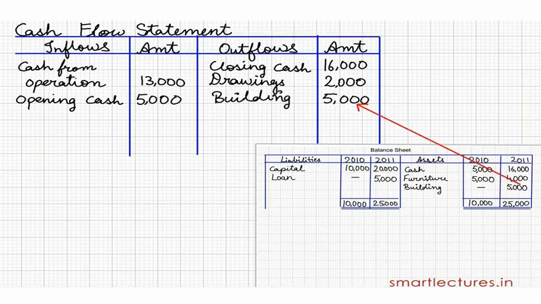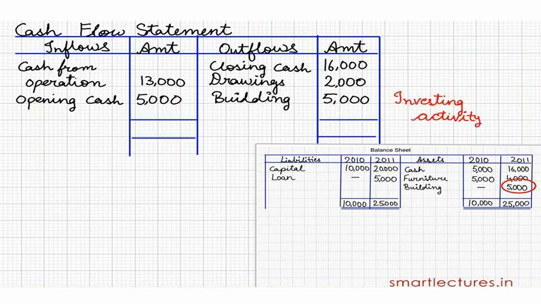and building purchased 5,000. If you look at the balance sheet, the building previous year was 0, now it is 5,000. It means this firm has bought a building for rupees 5,000. If this firm has bought a building of rupees 5,000, it has made the payment. If it has made the payment, it must be placed on outflow. So when we buy a building or we sell an asset, etc., these are called investing activities.